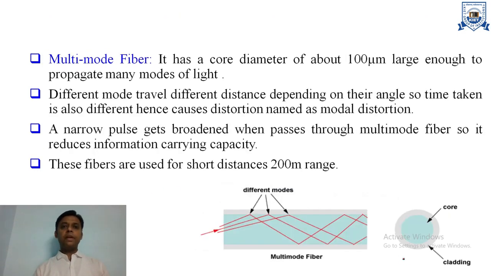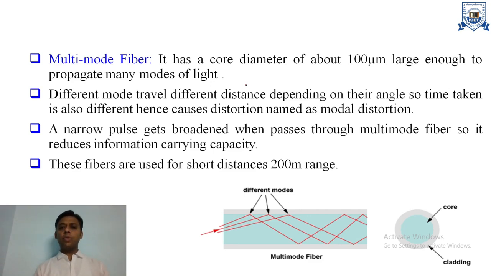Now, optical fiber based on multimodes. These fibers can carry more than one mode at a time. So we can see here that these multimode fibers show the phenomenon of total internal reflection as the modes travel through the core.